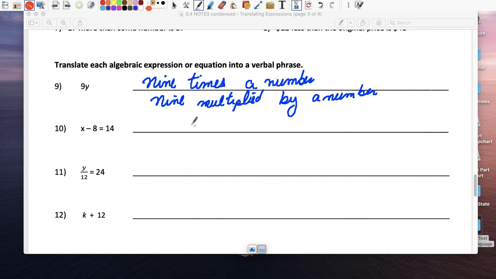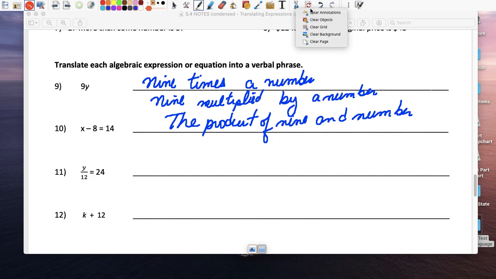We can say the product of 9 and the number, or in this case y. So if you want to say 9 times y, 9 multiplied by y, the product of 9 and y, that's okay too.